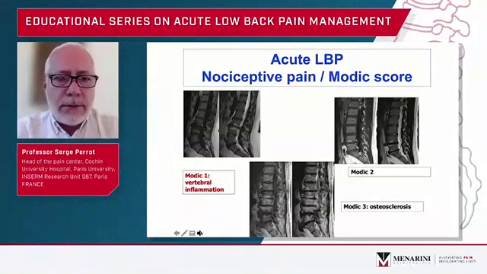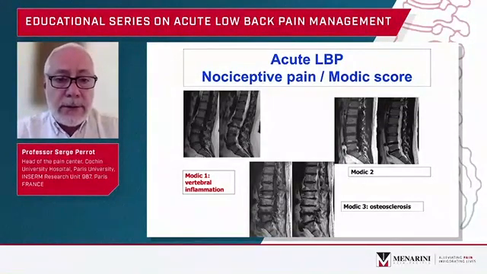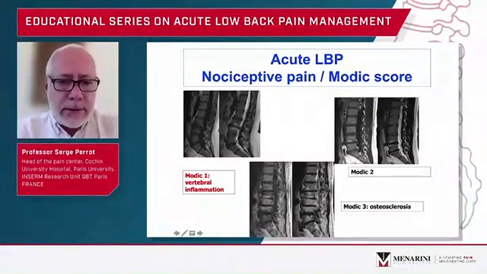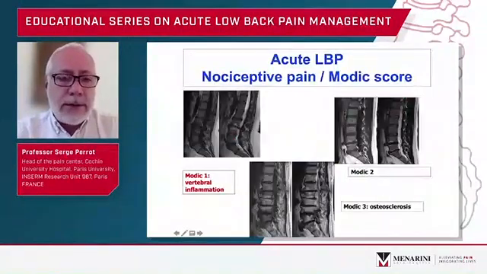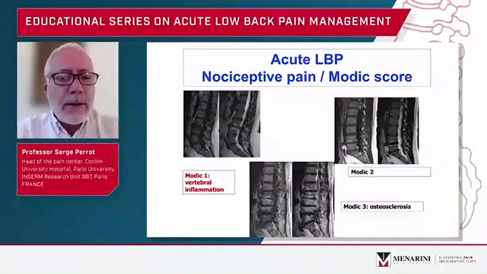First of all, nociceptive pain is really related to this local modification, and as you can see on these MRI images, there are modifications of the disc between the vertebra, but also on the bone.